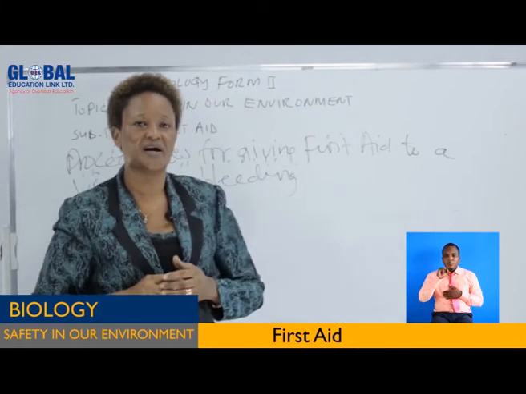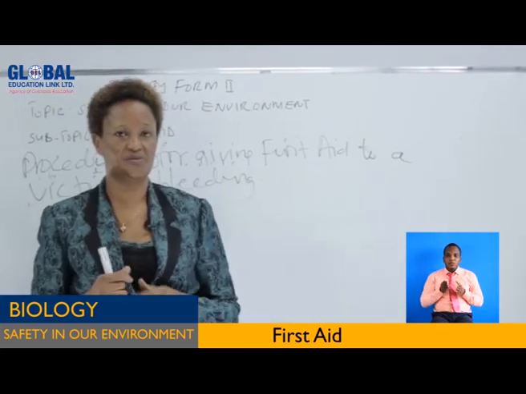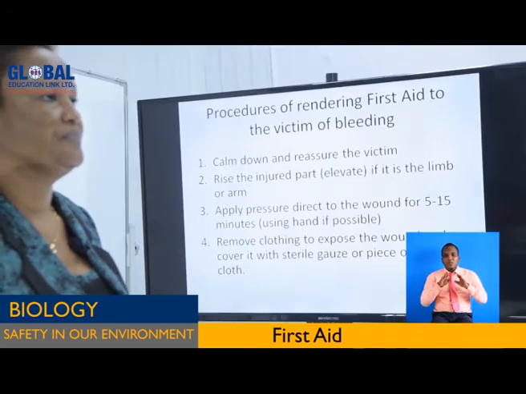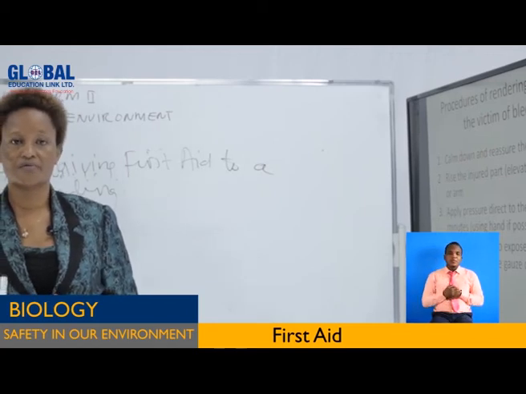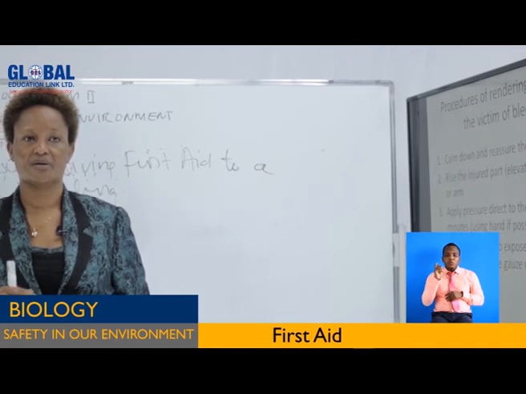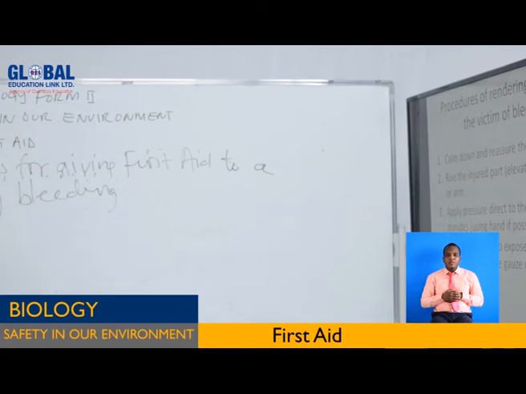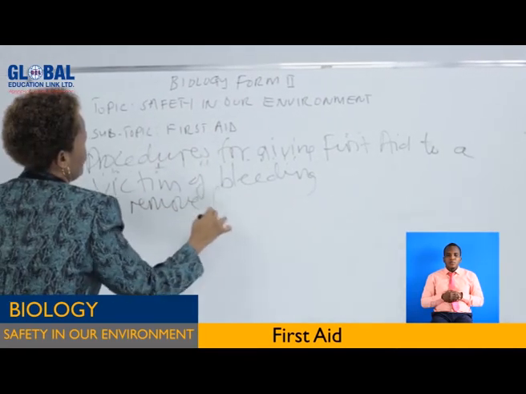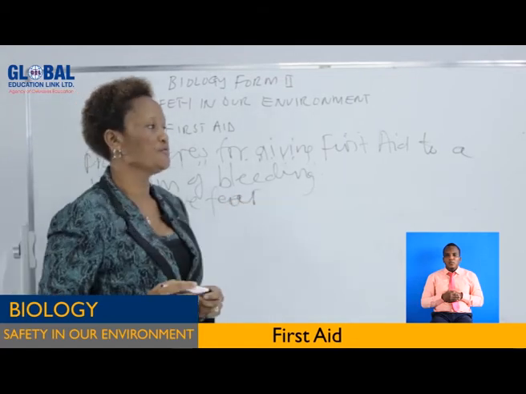Juma was bleeding. Now, how can we help him? These are the procedures. First, calm down and reassure the victim. The same as I told you in the case of the insect bite, you calm down and reassure the victim because they are frightened, to remove fear.